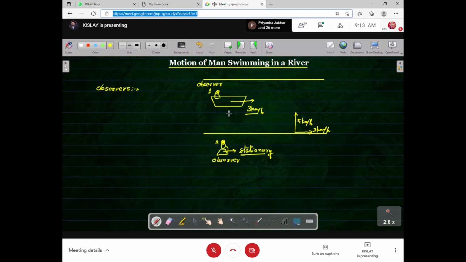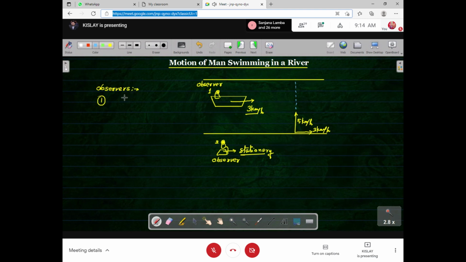Now see, for observer 1, what do they observe? They observe the person is moving in a straight path.